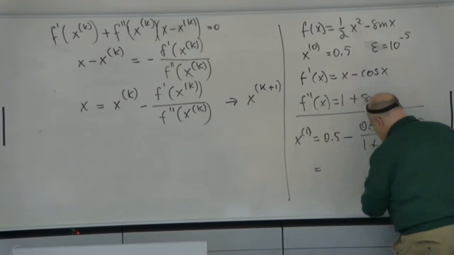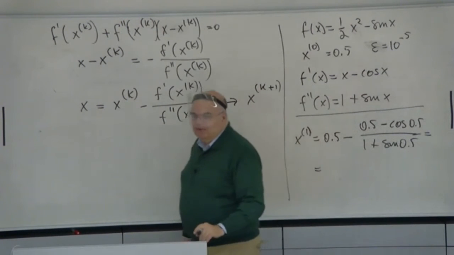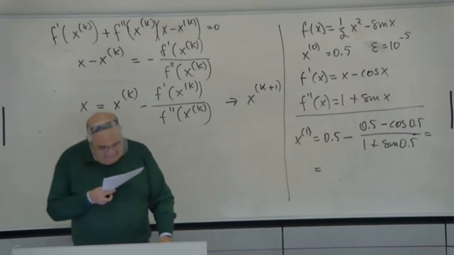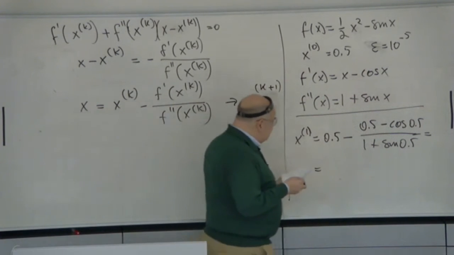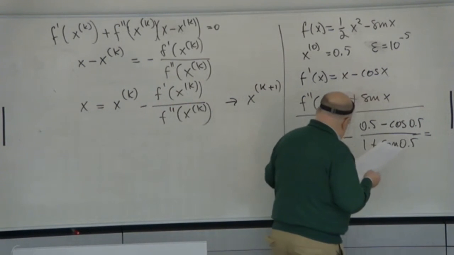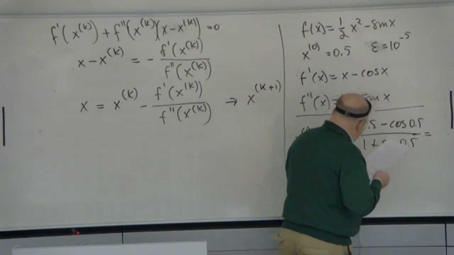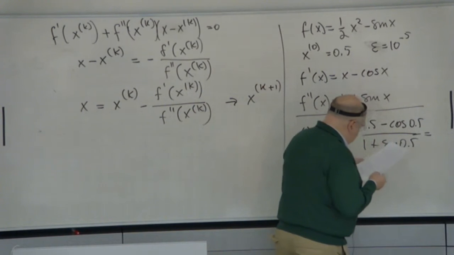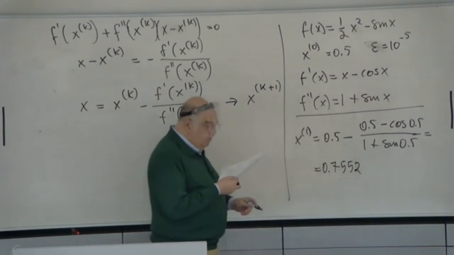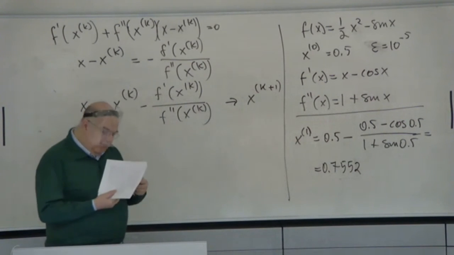And if the computer is not mistaken, this is 0.7552. No, just 2 5s and a 2. Okay? And then you go on.